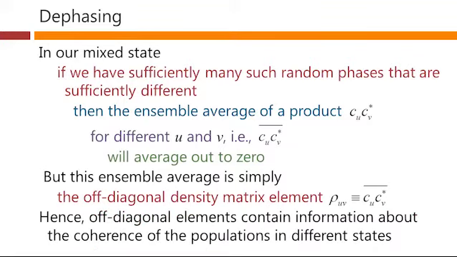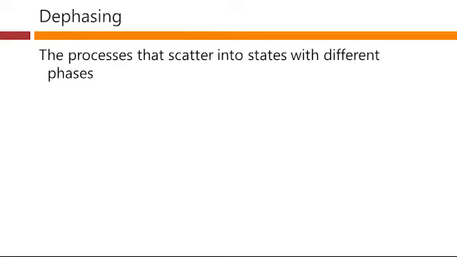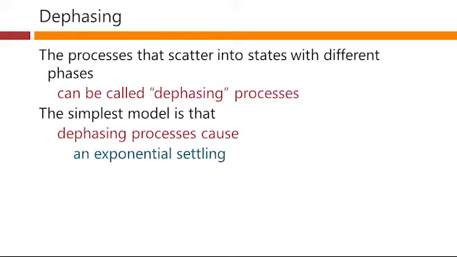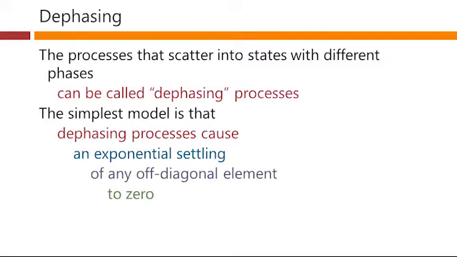Hence, off-diagonal elements contain information about what we could call the coherence of the populations in different states, the extent to which they are aligned with one another in phase. The processes that scatter into states with different phases can be called dephasing processes. The simplest model is that dephasing processes cause an exponential settling of any off-diagonal element to 0, with some time constant typically called T2 to distinguish it from the T1 that we had for the population difference.